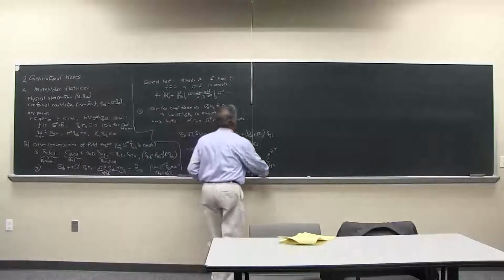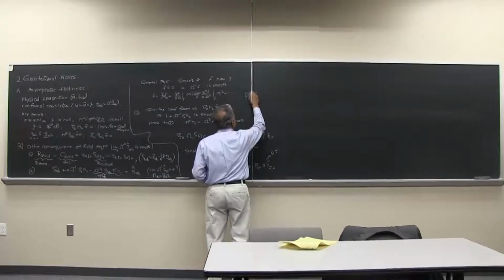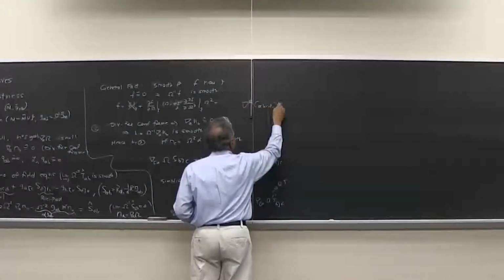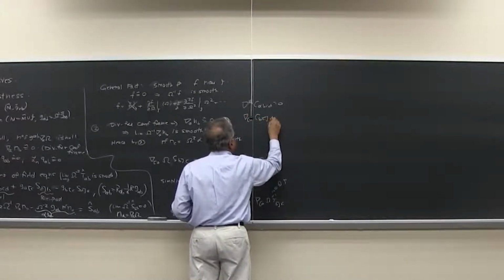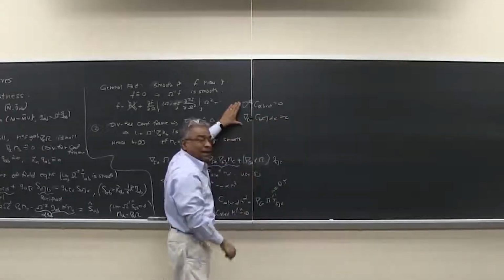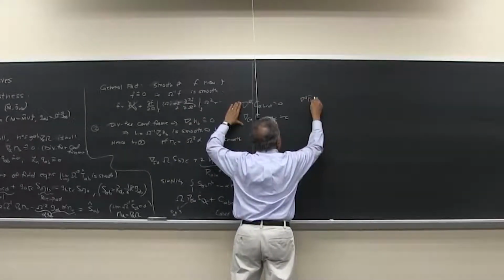So the Weyl tensor satisfies the equations grad^A C_ABCD equal to 0, and grad_[A C_BC]. They're kind of like Maxwell's equations. There's some similarity with the source-free Maxwell's equations.